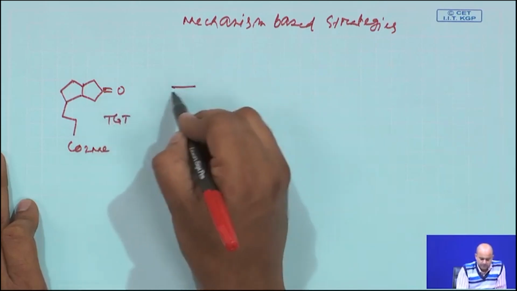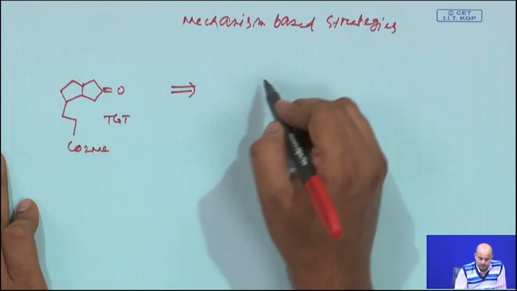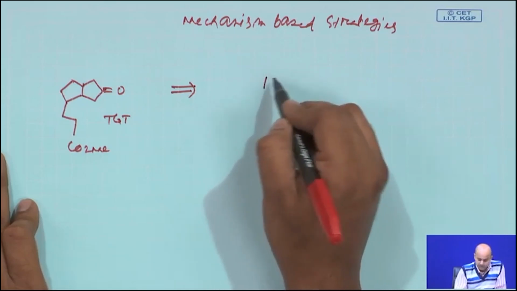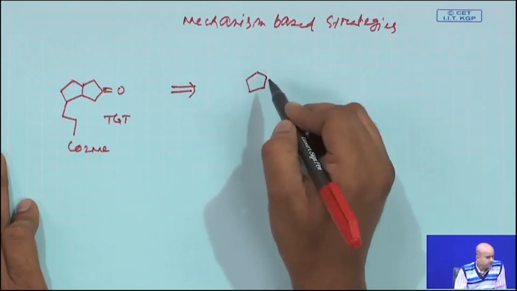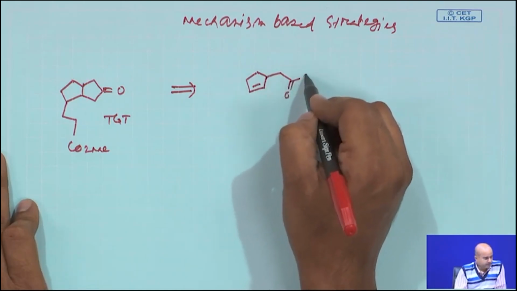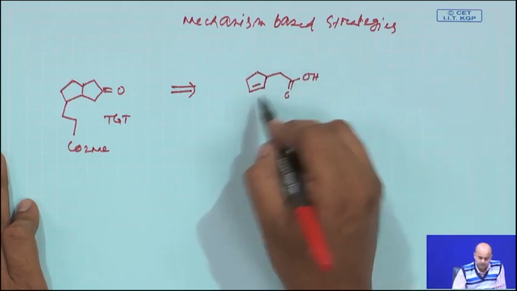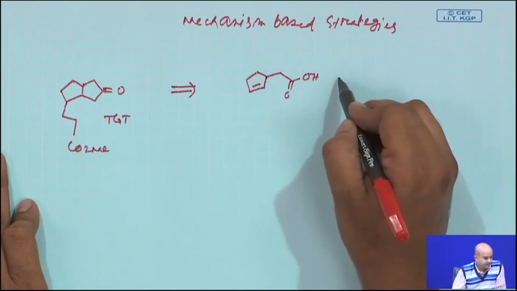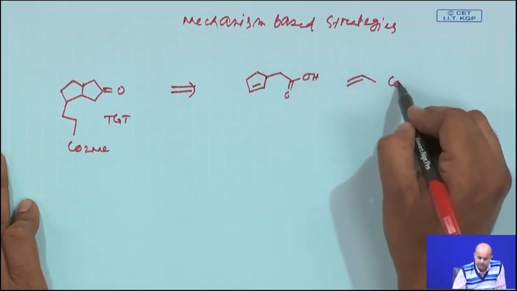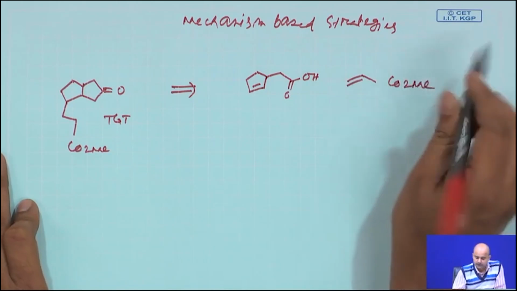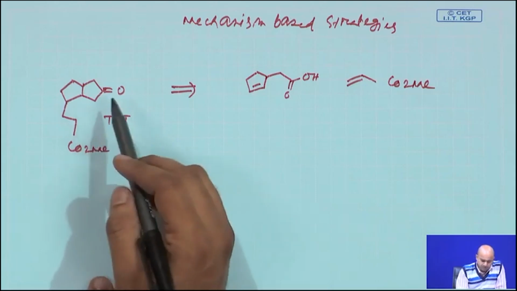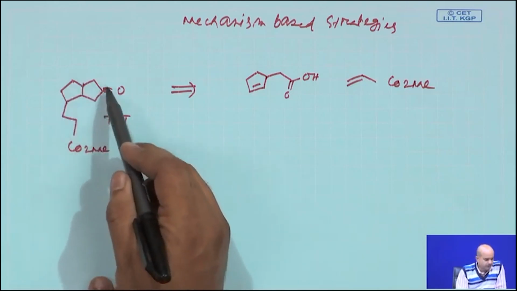When I say I will be giving you the particular starting material, the initial starting material which I gave to you is having this carboxylic acid, and then I also give you a compound like methyl acrylate.